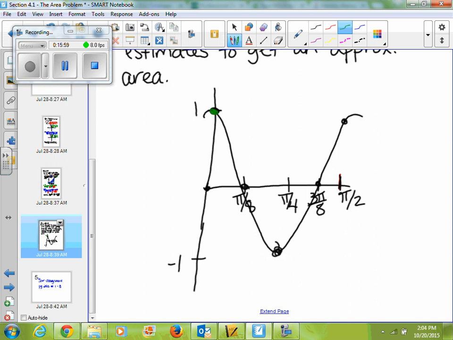So my furthest left point is 0, and I'm going to make a rectangle from 0 to pi over 8. Then my next point is pi over 8 to pi over 4. Then pi over 4 to 3 pi over 8. And 3 pi over 8 to pi over 2.